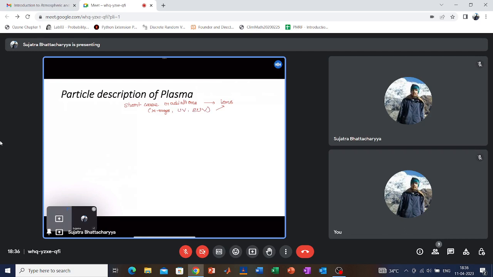And of course during the night time the ion production is less. But when we consider a particle description of plasma, because we know that plasma has a huge amount of ions and electrons, but when we consider that plasma as some particles, we will consider plasma to be particle only when the concentration is very low.